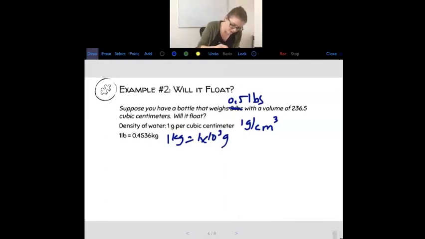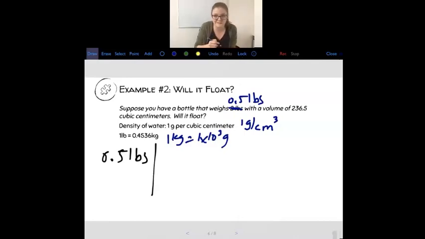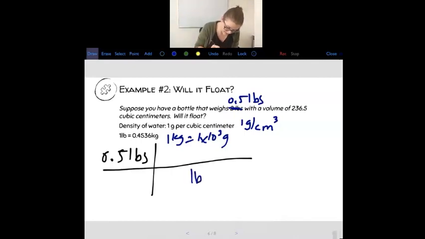So our bottle weighs 0.5 pounds. I fixed it on my notes when I was working this. I guess I didn't fix it on the slides. And we are trying to get pounds to grams. So first I'm going to go pounds to kilograms, kilograms to grams. Okay. And so I need pounds, kilograms. 1 pound is 0.4536.